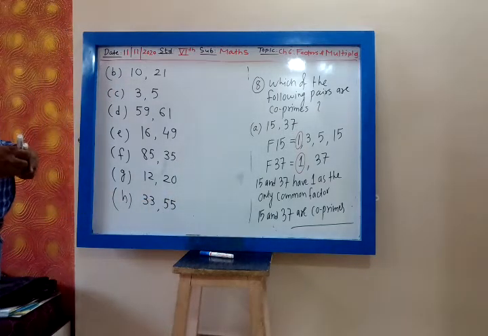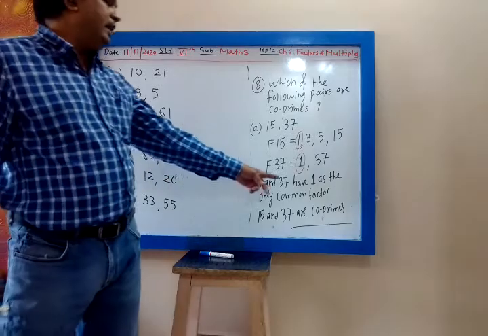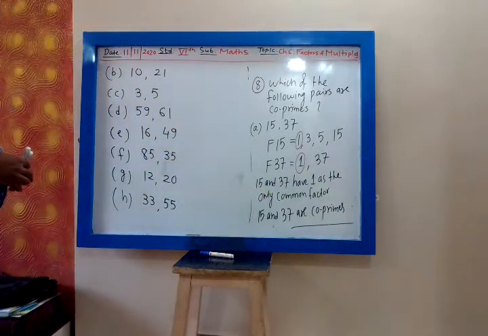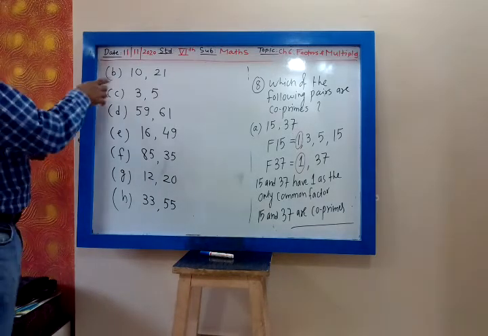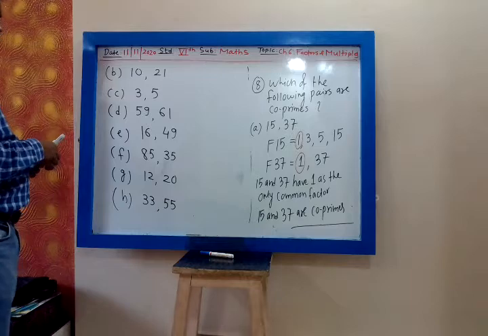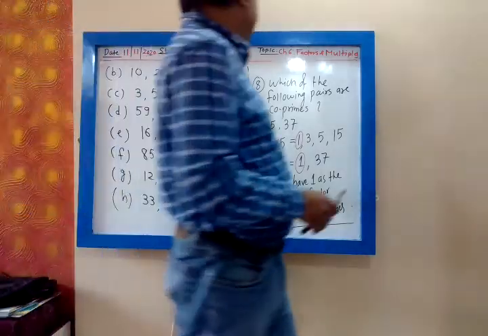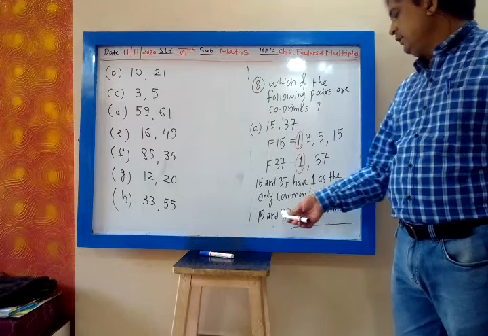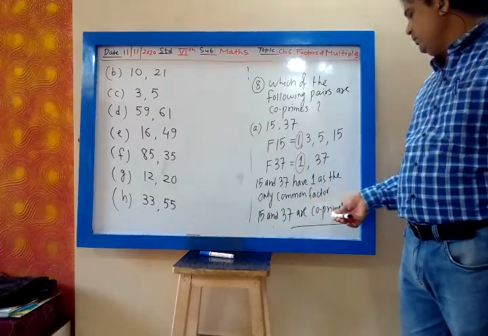15 and 37 have 1 as the only common factor, therefore 15 and 37 are co-primes.